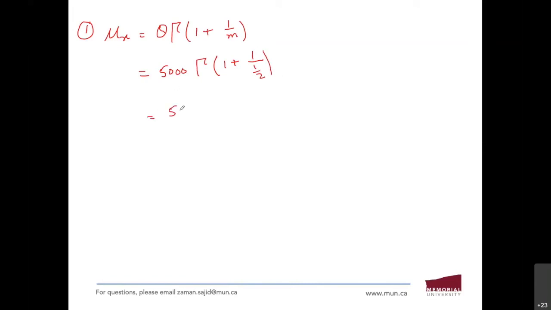This will be 5,000 times gamma function of 1 plus 2, and then you have 5,000 times gamma function of 3. Gamma of 3 is 2 factorial because x minus 1, and the answer turns out to be 10,000. That's your answer for the first part, where he was asking to find the mean.